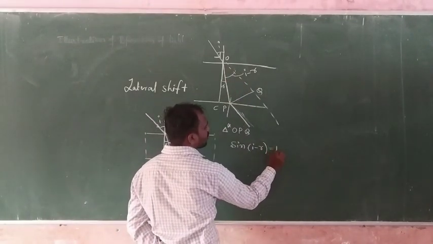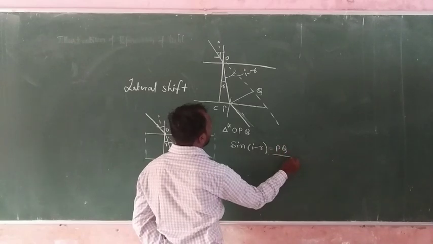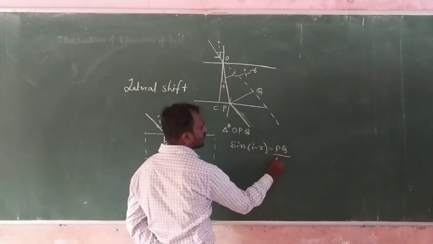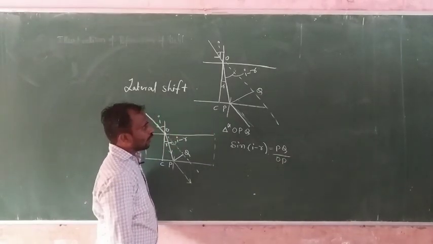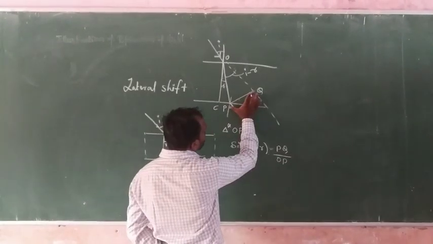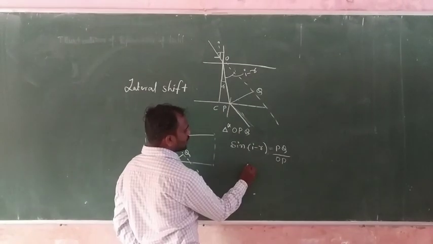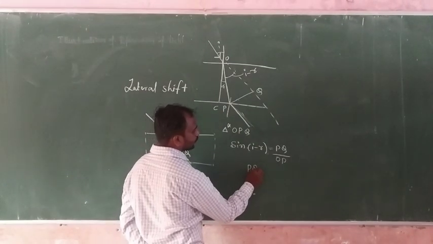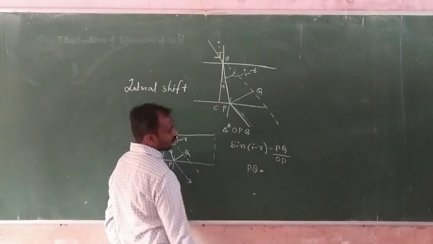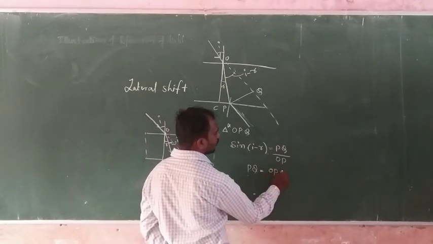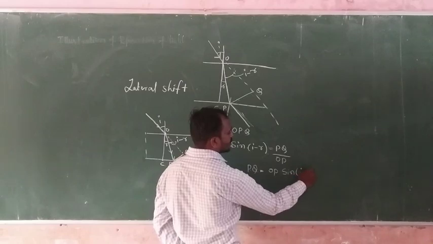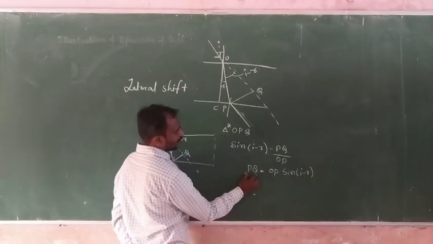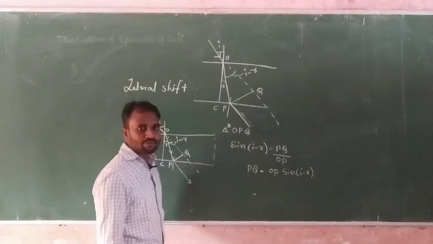Opposite is PQ and the hypotenuse is OP. We want to calculate this PQ value, so PQ is equal to OP into sine I minus R. We want to calculate this perpendicular distance.